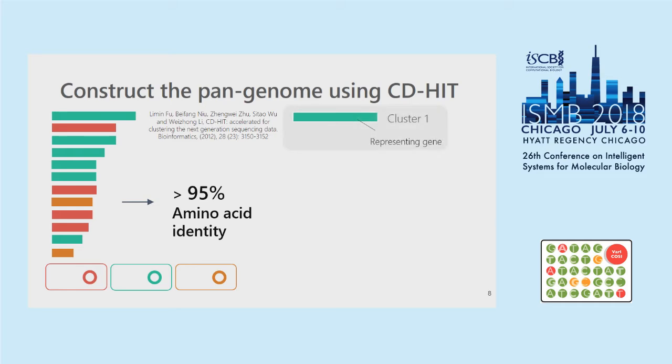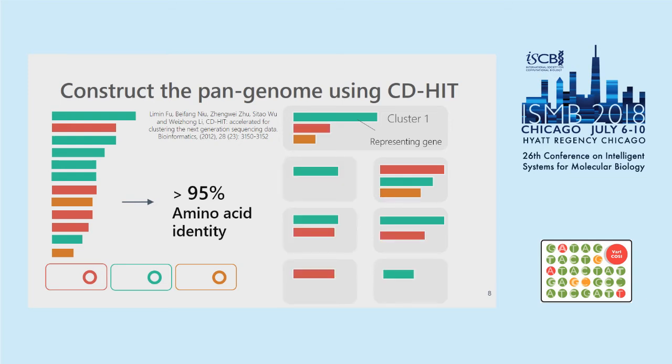So the longest gene will form the first cluster, and the second one, because it doesn't have that high identity, will form the next cluster, and so does the third gene. And for the fourth gene, because it has a high identity, it belongs to the second cluster, and here come all the gene clusters.